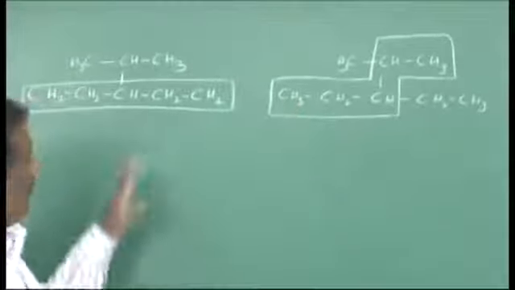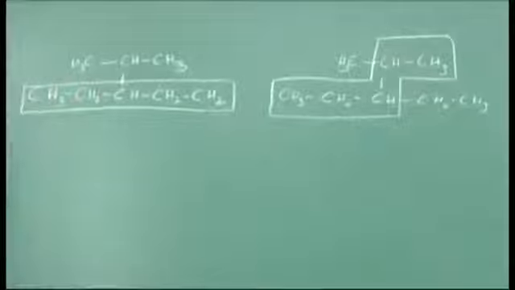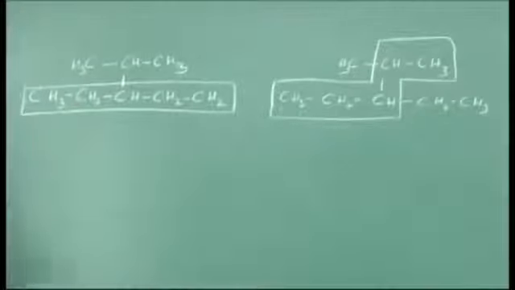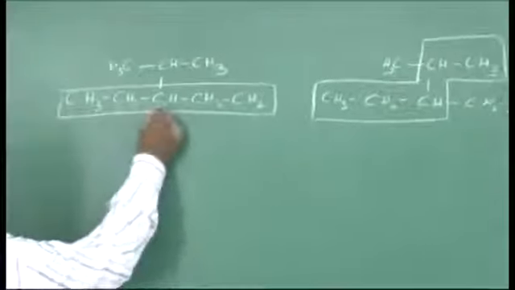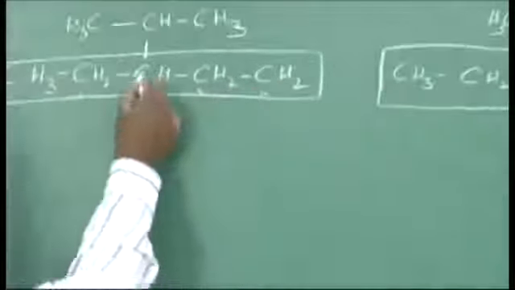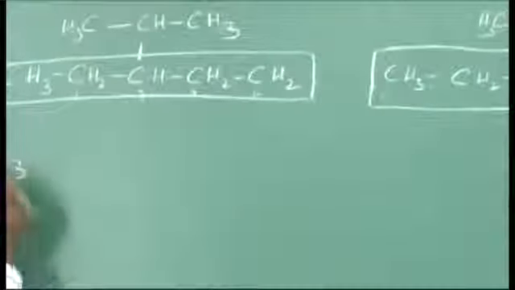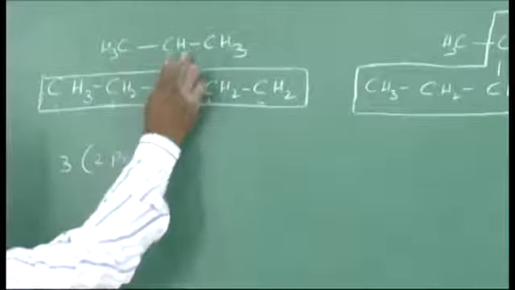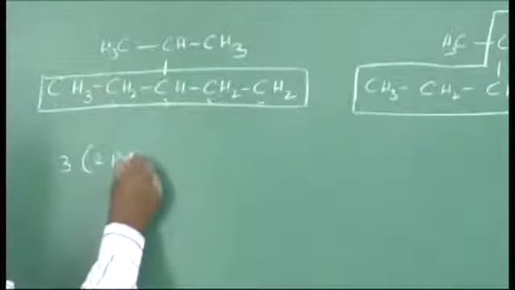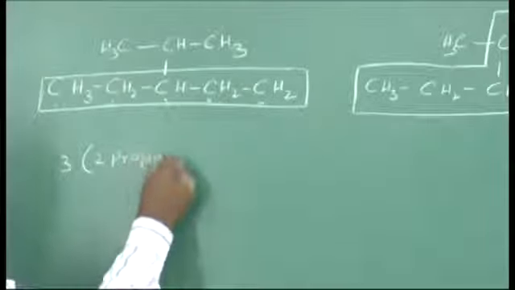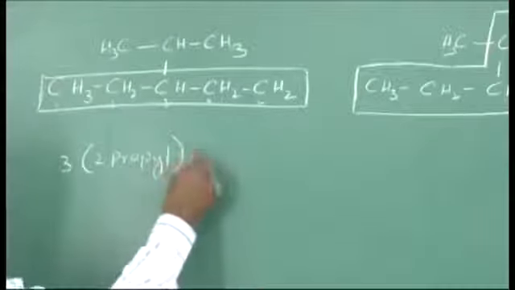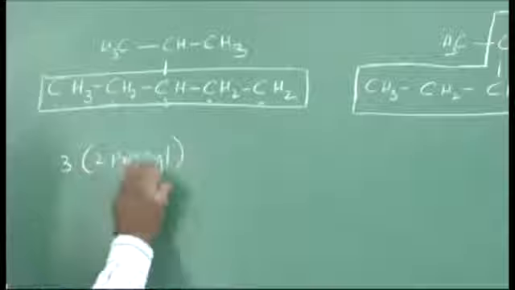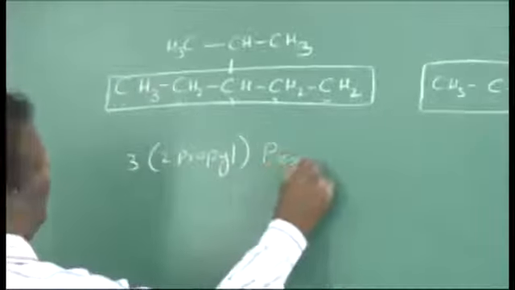If I name this as a main chain, the name will be different. That is 1, 2, 3, 4, 5. In the third carbon, the propyl group is attached to the second carbon. So 3, 2-propyl pentane.